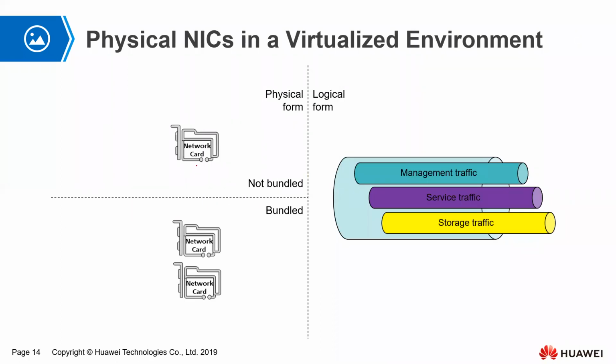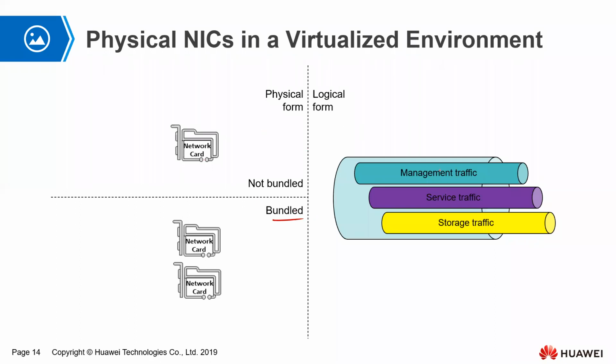When it comes to the physical NICs, the network interface cards on your machine, you can have them in 2 modes. You can have it as one, or you can choose to bundle them.